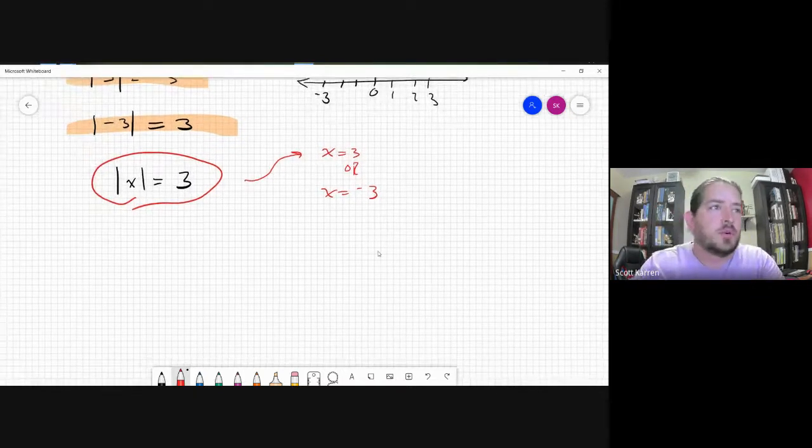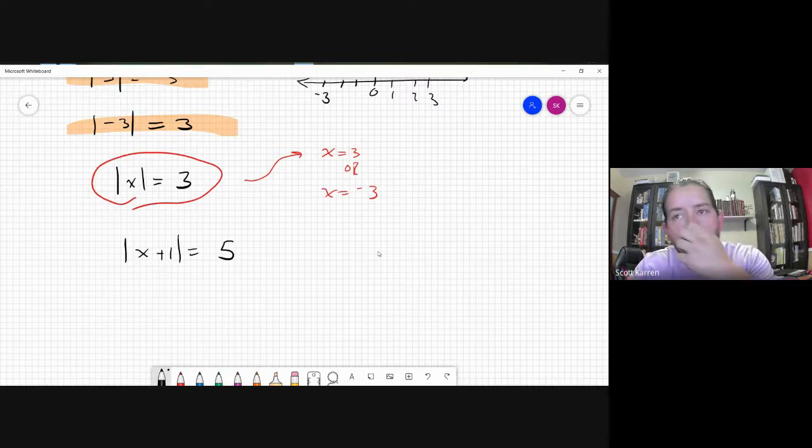If I have something a little bit more complicated, let's say the absolute value of x plus 1 is equal to 5, then whatever this number is inside the absolute value, x plus 1 is either 5 or it's -5.